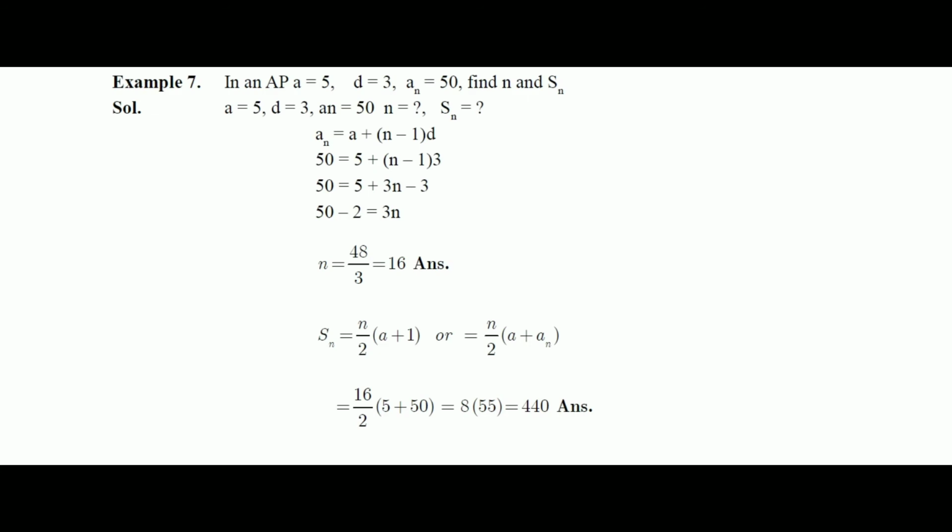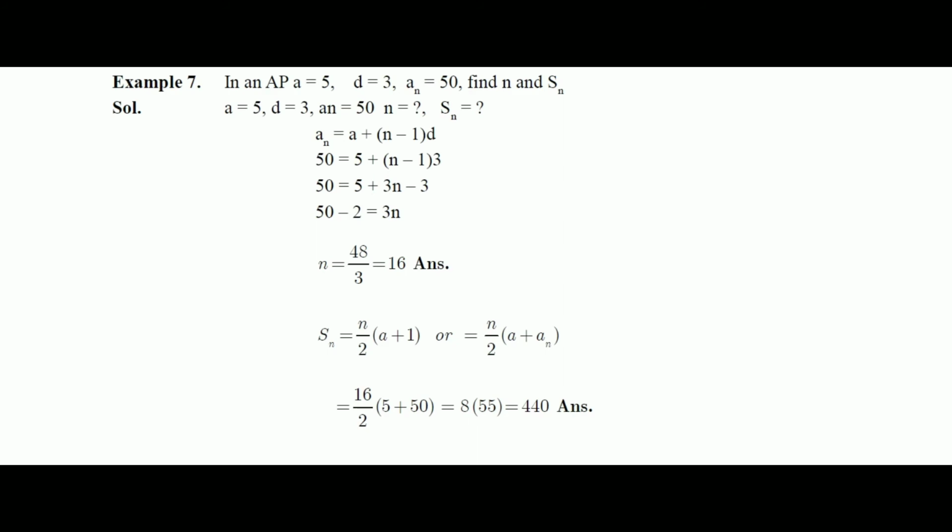Now the numbers on one side and the variable terms on the other side, we have 5 minus 3 as 2, and taken on the side of 50 it becomes -2. Therefore 50 minus 2 equals 3n, and 50 minus 2 is 48. So n is 48 divided by 3, and the answer is 16.